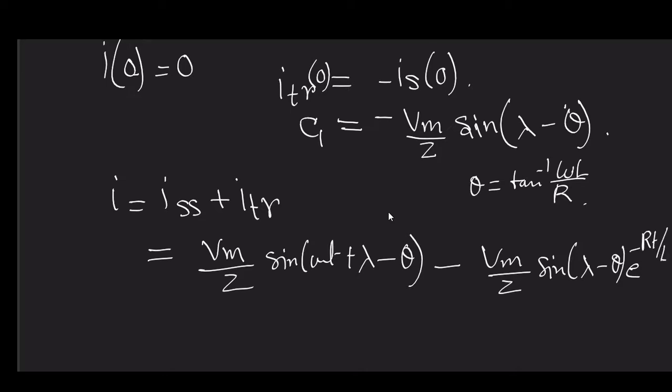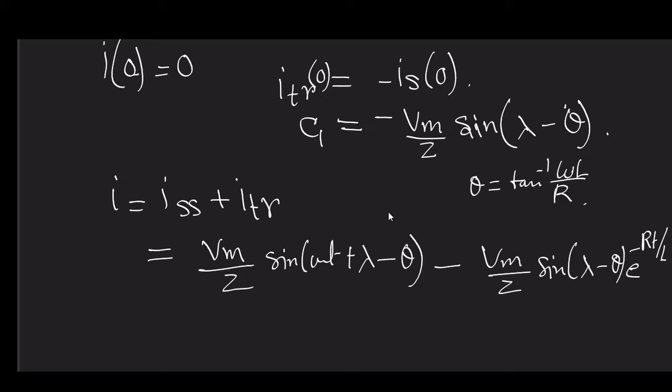Now think about what would happen if we want the transient term to be 0, because if the transient term is 0, then it is somewhat easier for us to handle.